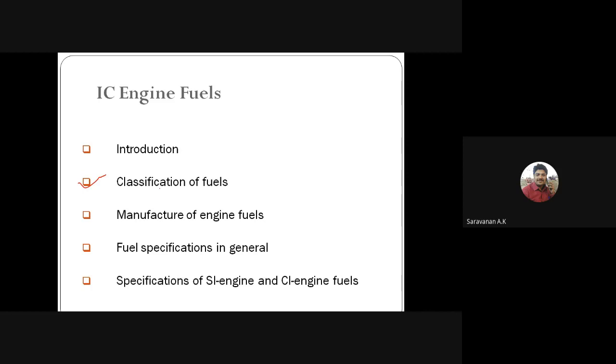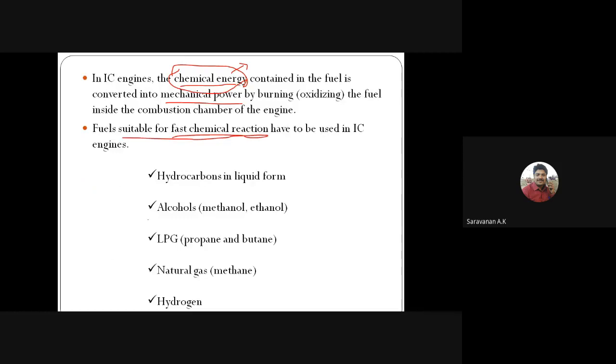Then what about the alternative fuels? The alternative fuels will be the alcohols or natural gases, LPG gases, and hydrogen, right?